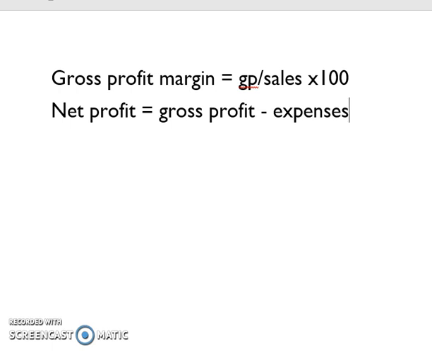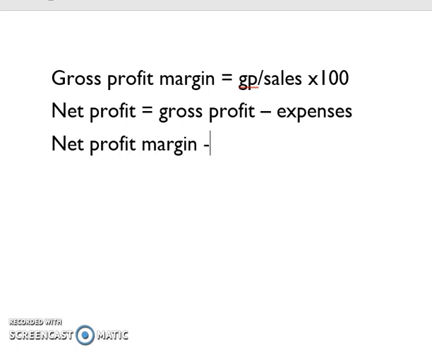And then you can do your net profit margin, which is going to be your net profit divided by sales times 100. So that'll get you through the first question. Okay, and then obviously you can compare those answers to the ones that were in table 1 over the last couple of years. Break even, we've already said, was at 5,000 pies.